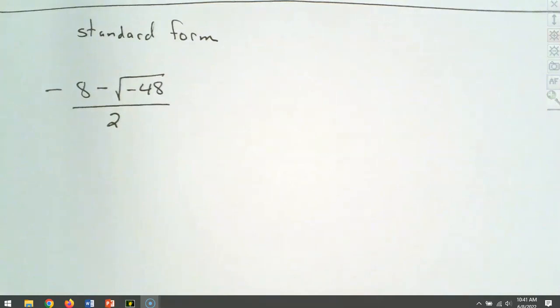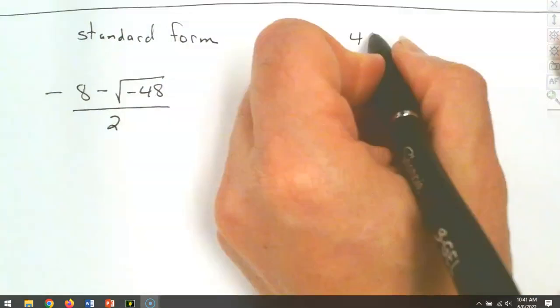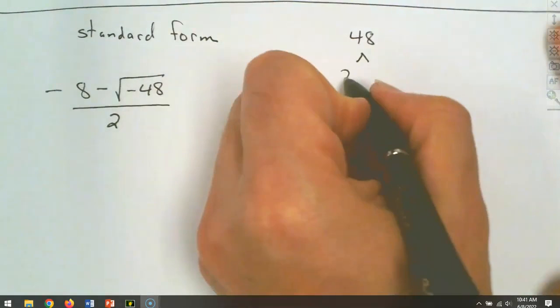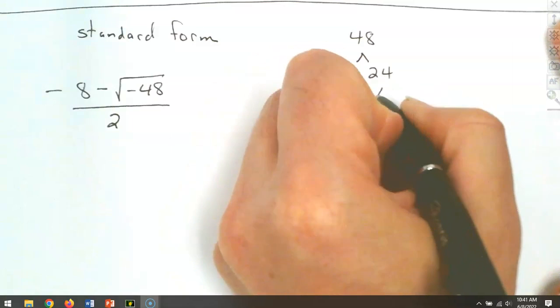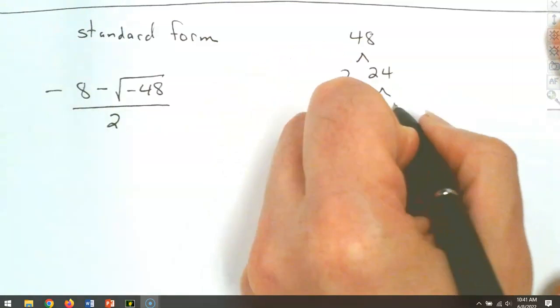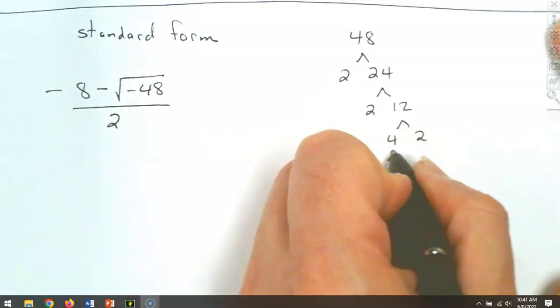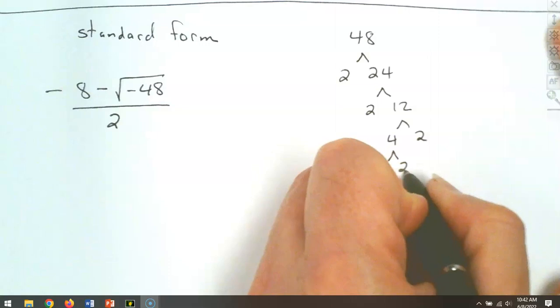Now, what do we know about 48? Okay, well, we need to break this up. It's an even number, so we're going to start with 2. So 48 divided by 2 is 2 and 24. And then we've got 2 and 12, and then 4 and 2. And 4 breaks down into 2 and 2.